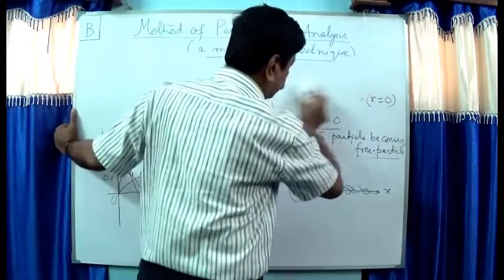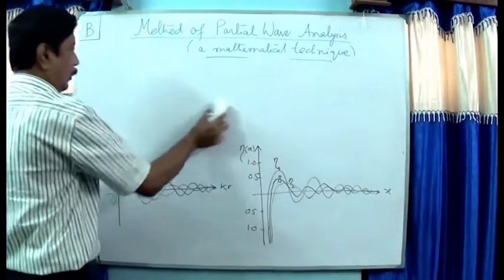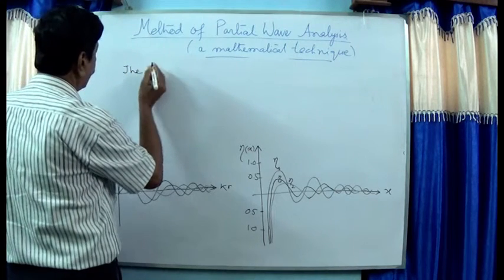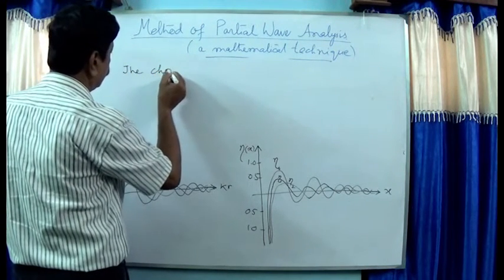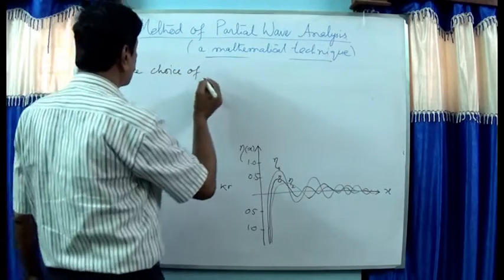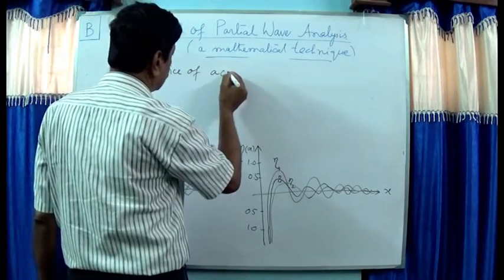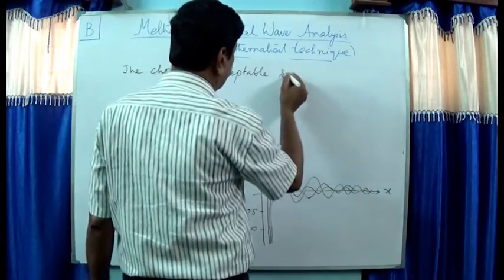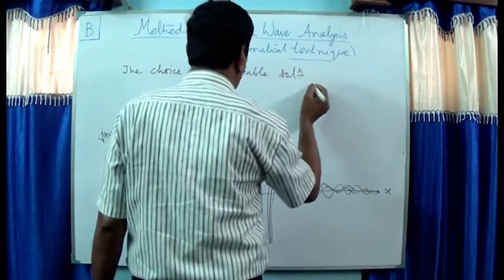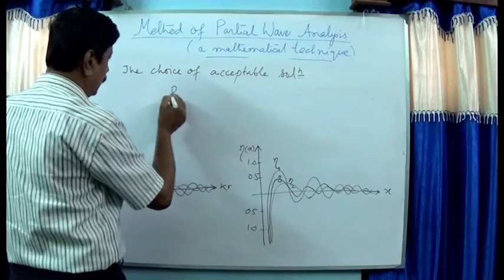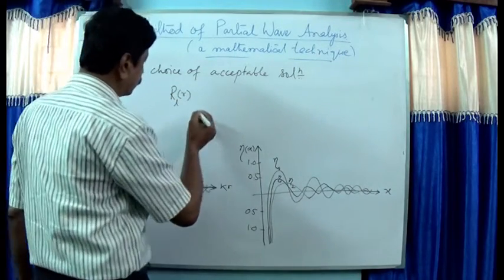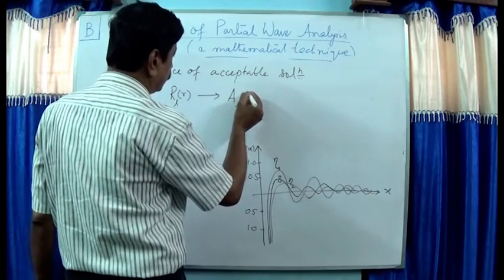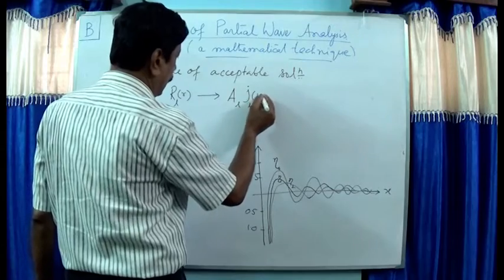So the choice of acceptable solution is eta L(R) as L J_L(KR).